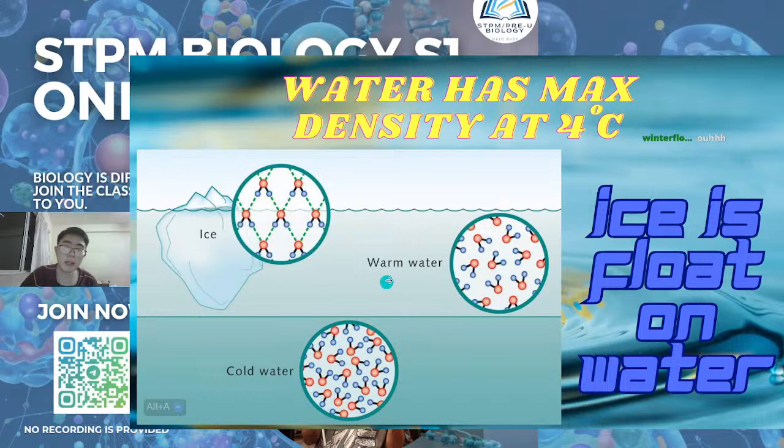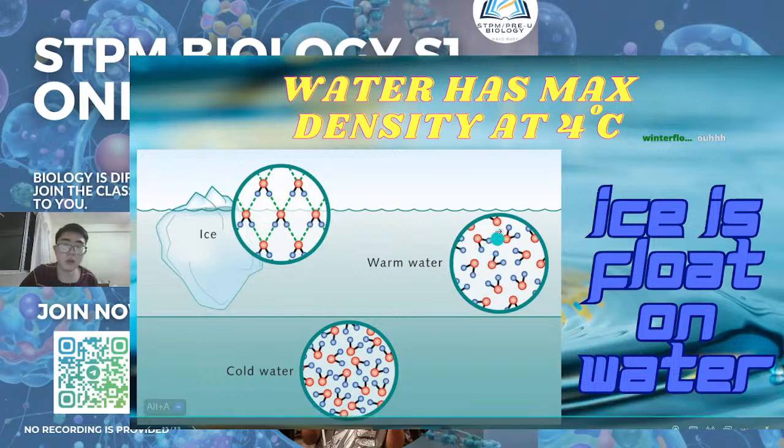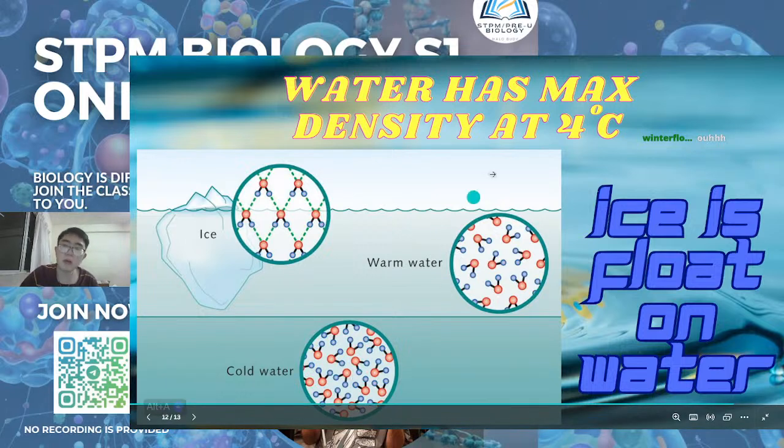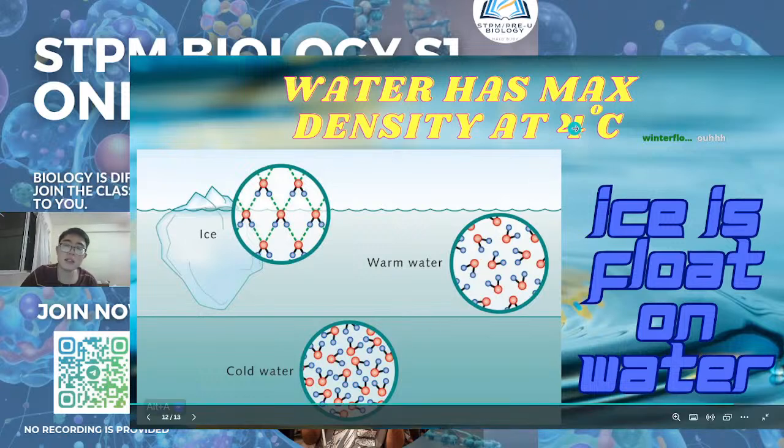So if you compare this warm water and cold water, in warm water normally the hydrogen bonding is very loosely packed compared to cold water, because I already said the maximum density is at 4 degrees Celsius, right? Normally cold water is already near the 4 degrees Celsius. So you will see that the water molecules are more packed to each other compared to warm water.